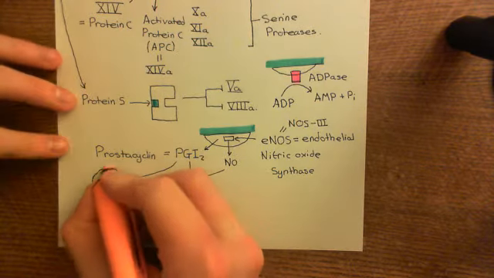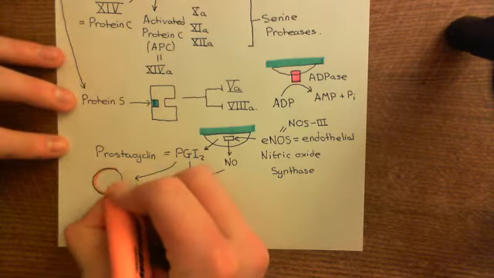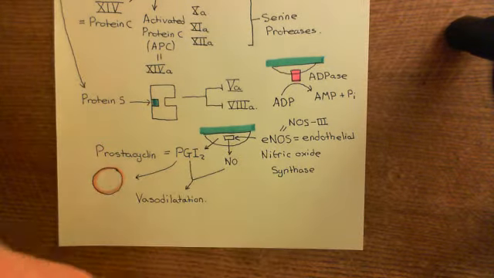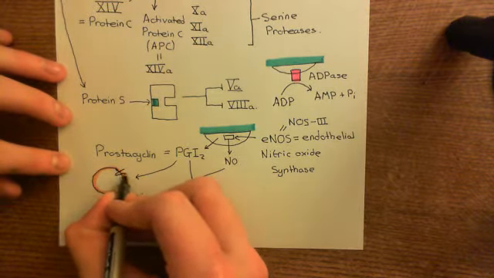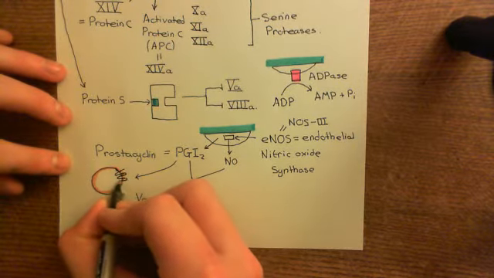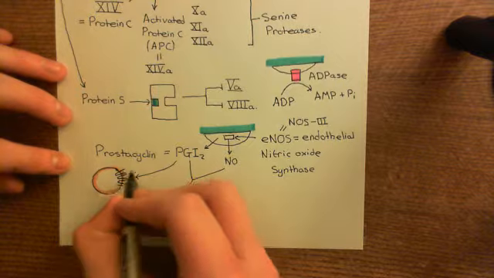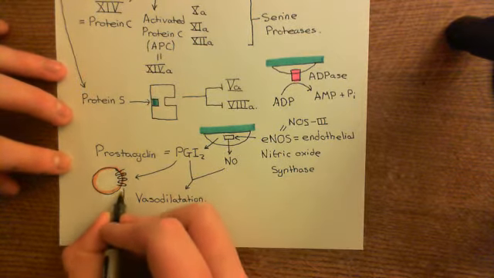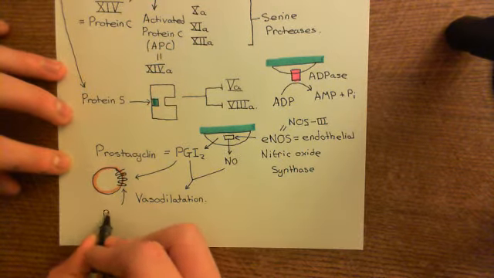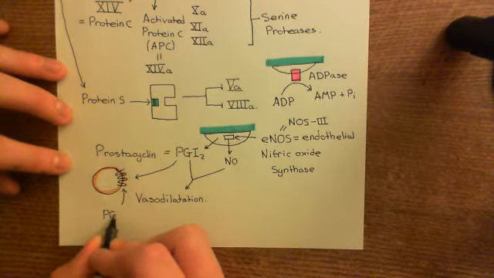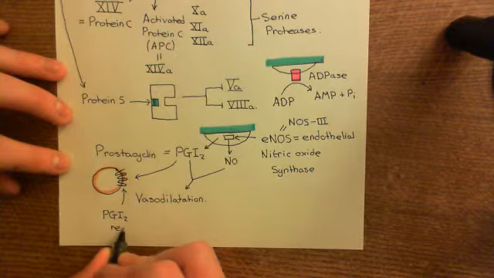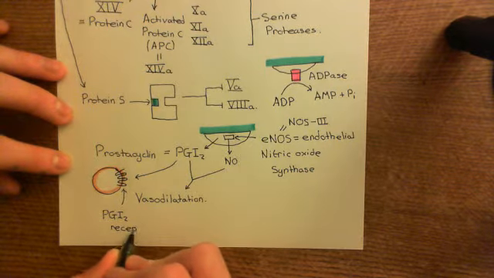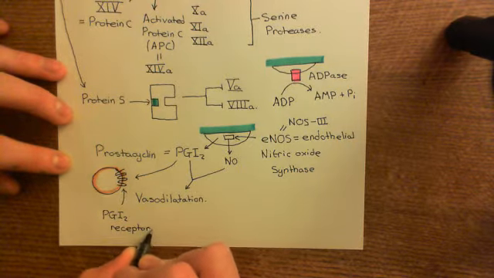The prostacyclin will bind to prostacyclin receptors on the surface of the platelet. And prostacyclin receptors are G protein coupled receptors. So here is our PGI2 receptor on the surface of our platelet. And once the prostacyclin has bound to its PGI2 receptor and triggered downstream pathways, these downstream pathways will stop that platelet from being able to become active.